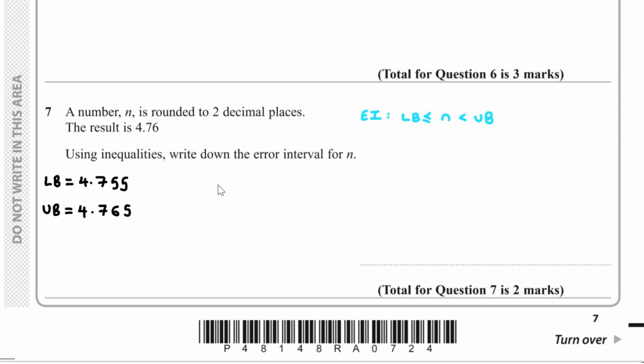So when we come to write down the error interval for n, we have 4.755 is less than or equal to n, which is less than 4.765.